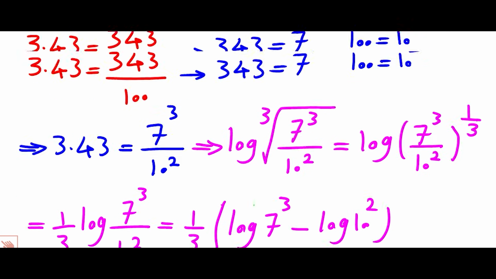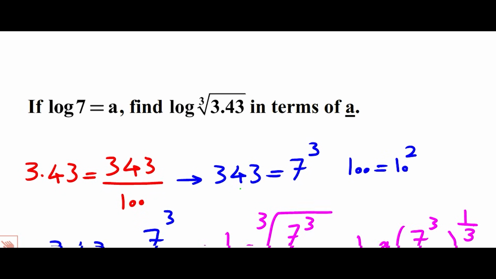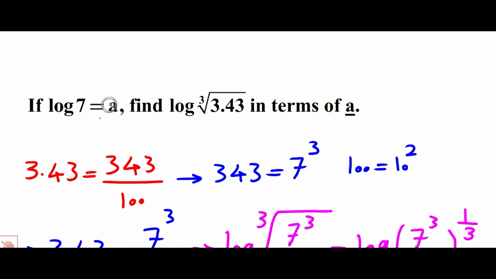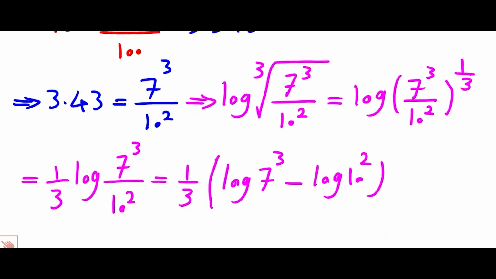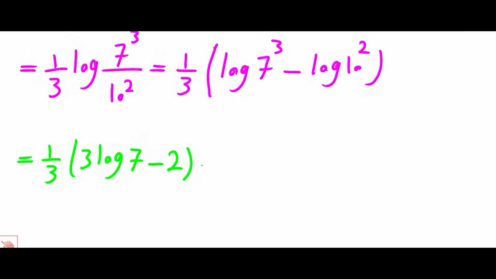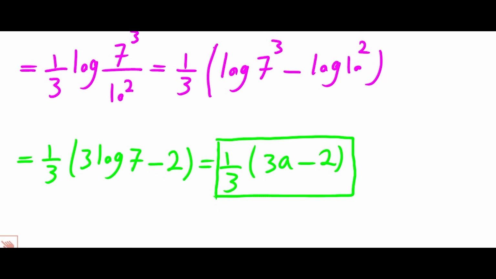And we know that log of 7 is a. So we have 1 over 3 times 3a minus 2. So the final answer is this.